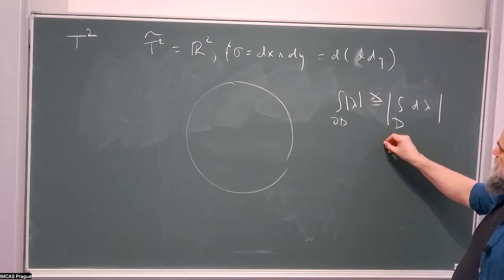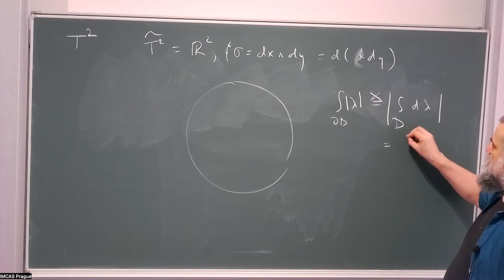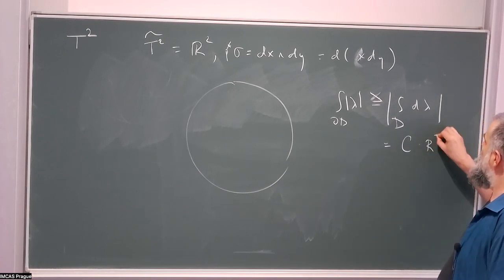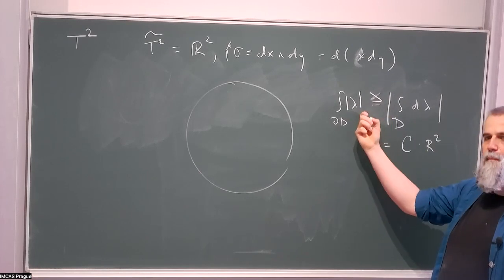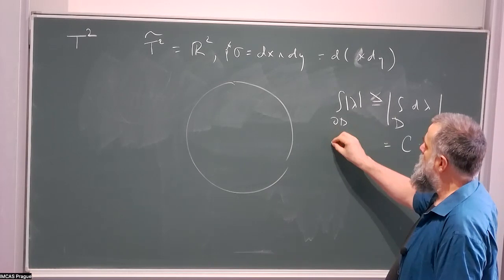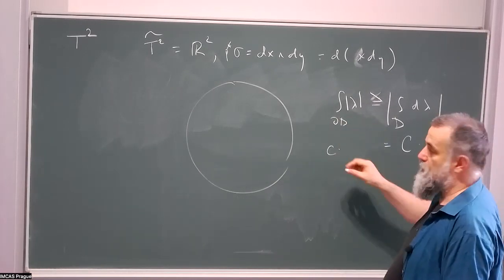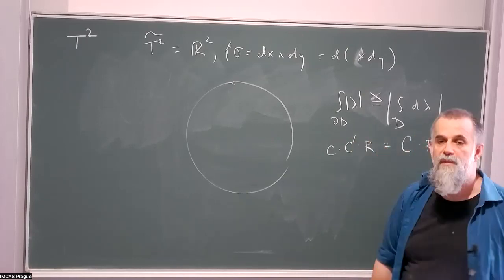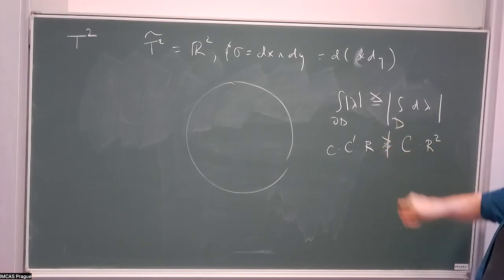But here, this thing is just the area of the disk, which is some constant times r squared, and this thing is a bound on the primitive times the length of the boundary, which is also some constant times the radius. So this cannot be true.